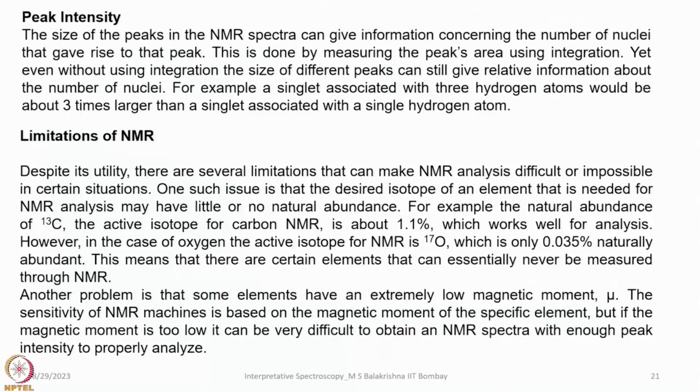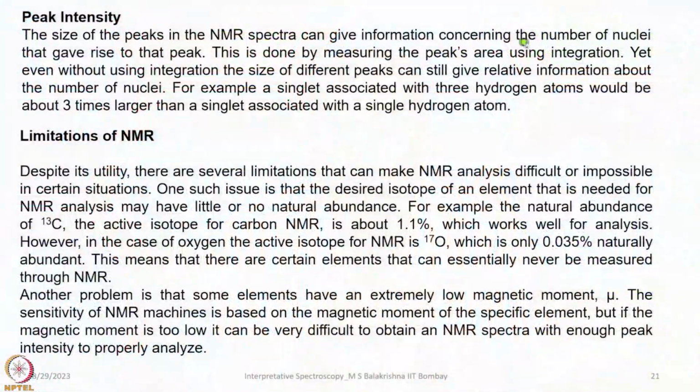Also, we get information about peak intensity. The size of the peaks in the NMR spectra can give information concerning the number of nuclei that give rise to that peak. This is done by measuring the peak area using integration. Yet even without using integration, the size of different peaks can still give relative information about the number of nuclei.